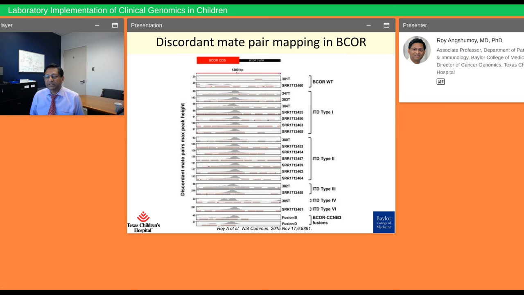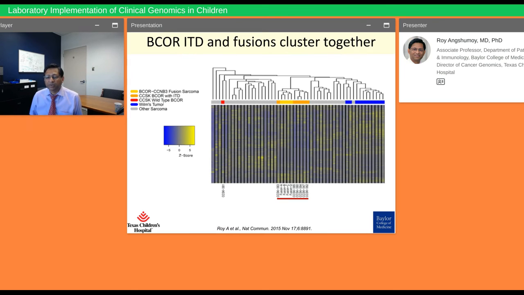So we realized that this was a very classic and defining mutation in this particular tumor, because we did not see this mutation in many other different types of tumors. And then we looked at expression profiling of these tumors and compared it to many other sarcomas and other tumors.